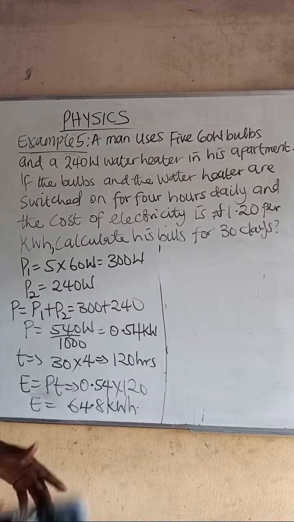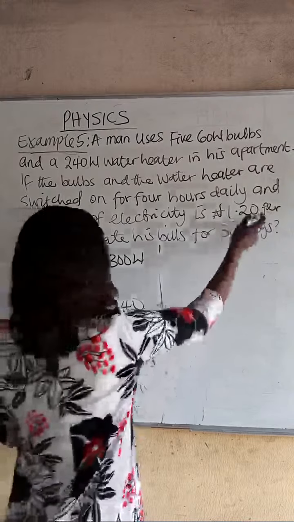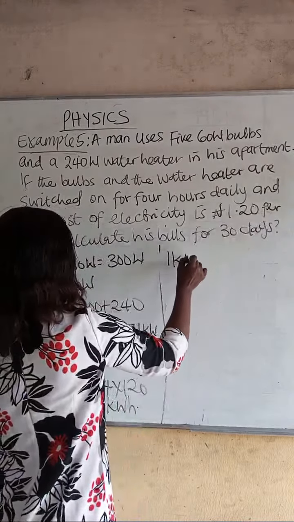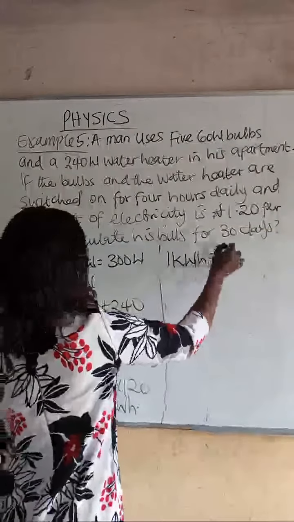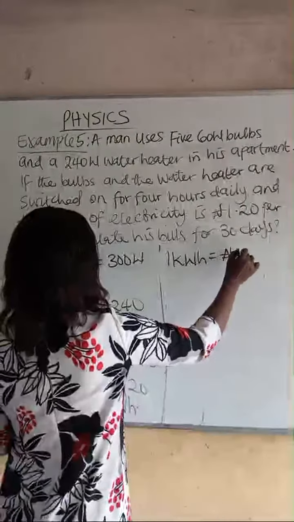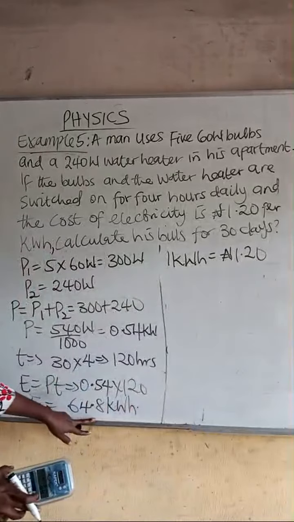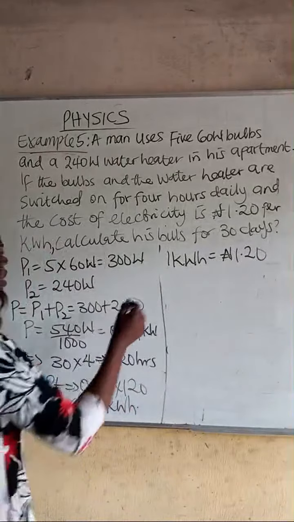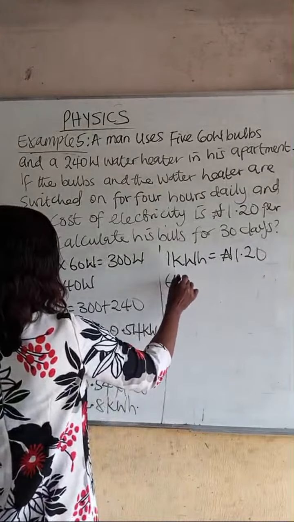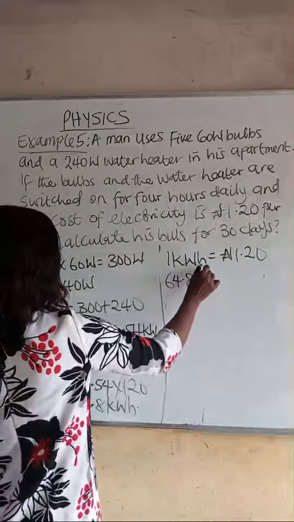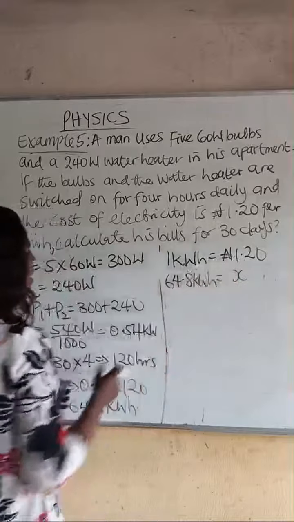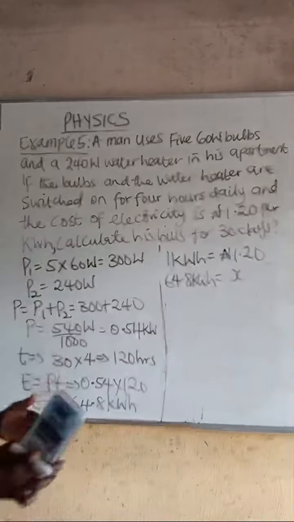But from the question, 1 kilowatt hour is equal to 1 naira 20 kobo. Therefore, 64.8 kilowatt hour is going to give us X. And that is the cost we are looking for.